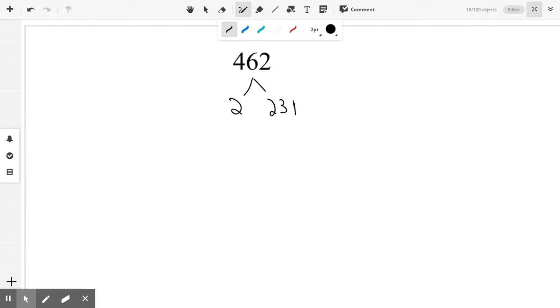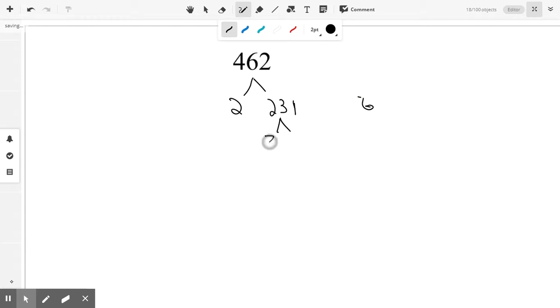This is odd, so it's not going to be 2. A trick for the number 3 is if you add up the digits in the number, 2 plus 3 plus 1 is 6. If that number is divisible by 3, then the entire number is divisible by 3. So since 6 is divisible by 3, 231 can be divided by 3.